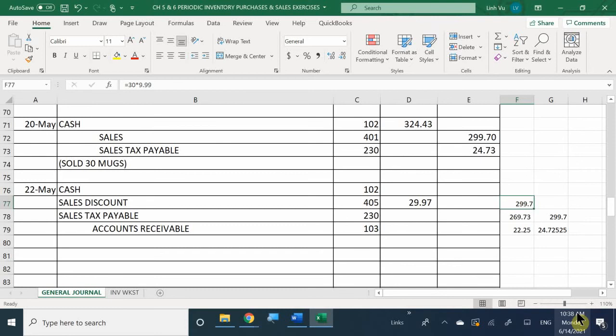I have to give back a portion of the money because we're charging only $269. So he gets back a total of $291.98. $291.98. How did you solve that? I added the 269.73, $269, I believe, plus the 22.25.